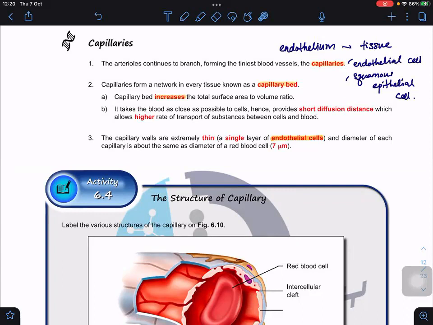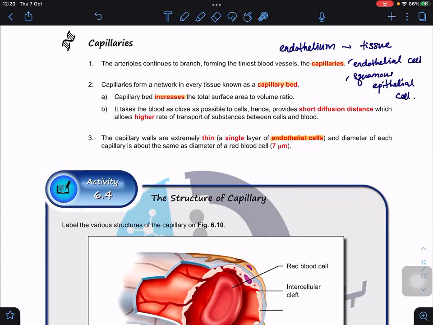So the capillary wall is extremely thin. I know that most of the time students like to say one cell thick. No, in the previous lessons we have learned that even one layer of cells can be very thick. Columnar epithelium is very thick. Cuboidal is very thick. Cannot.